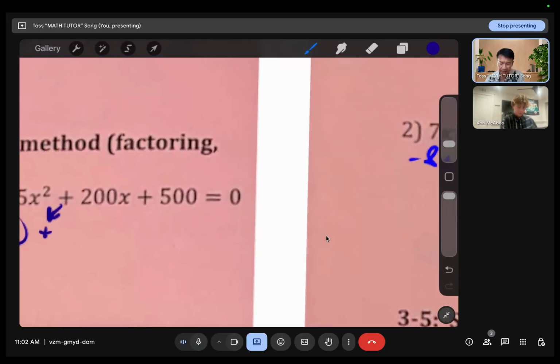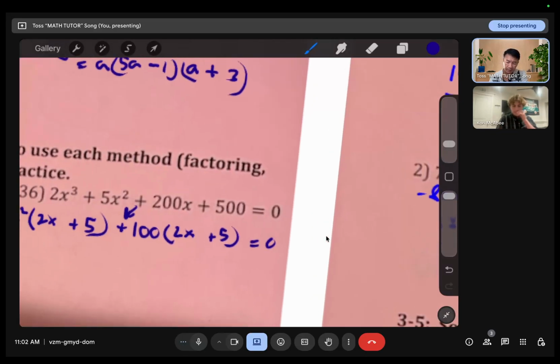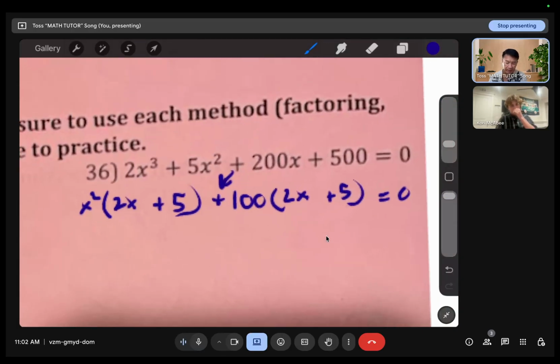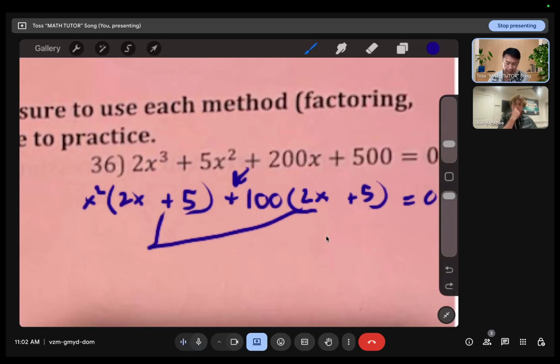So the common factor for the 200 and 500 will be 100. Yeah, careful. If you do 10, then you realize that you have to pull out another 10. So it'll be 100 times 2x plus 5, which gives you 200x plus 500, equal to 0. Now, see, if you do it right, you match the two bubbles here, the ones in the parentheses. Okay, now I'm going to pull this out in the front.